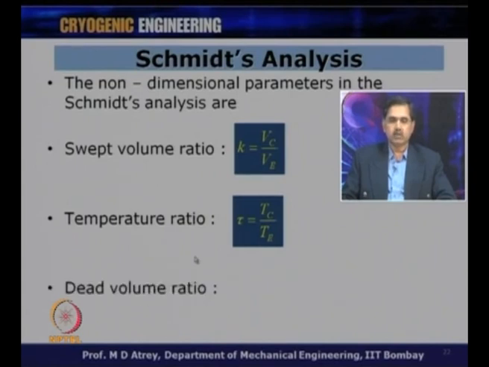And we have the dead volume ratio, since we will have some dead volume in the system. This is called X, which is equal to Vd upon Ve, where Vd is the dead volume in the system. So, K, X and tau. In addition to that, we have alpha, which is the phase angle between the piston and the displacer, which we will see in the next slide.